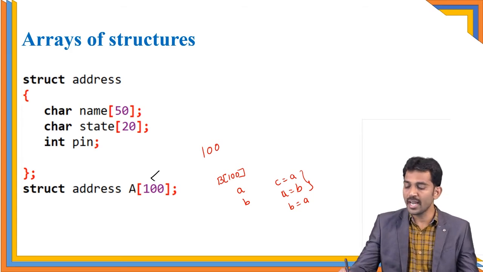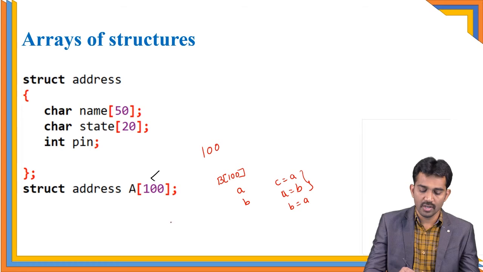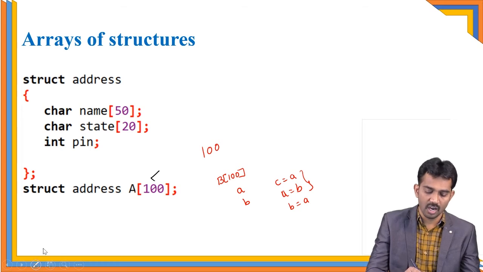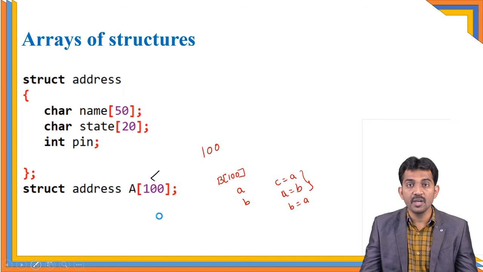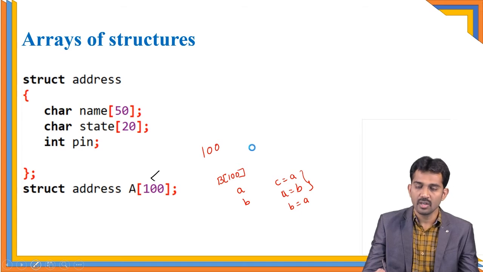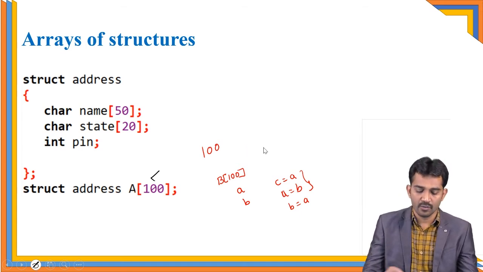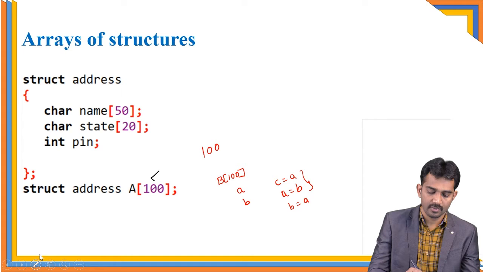For example, if you want to access the structures one by one, simply how are you going to access? You simply use A of 0, A of 1, A of 2. You can access like this.